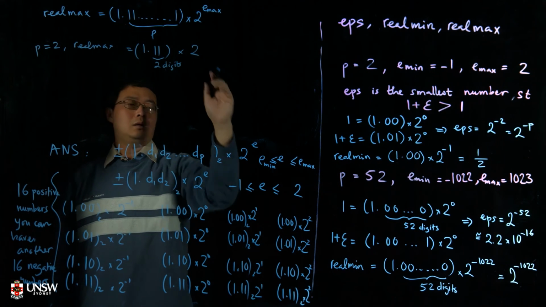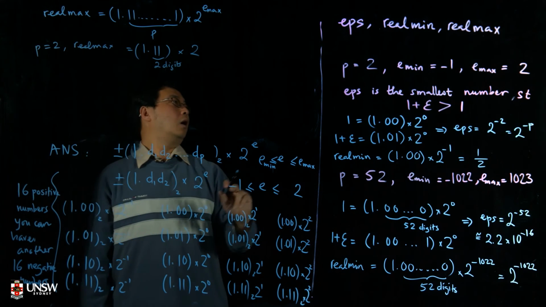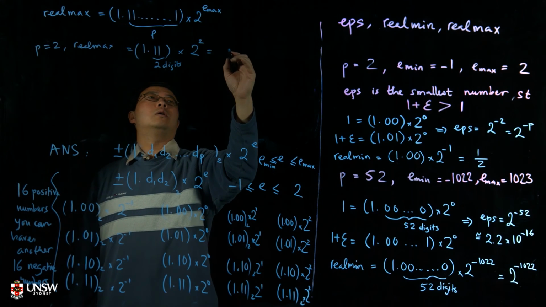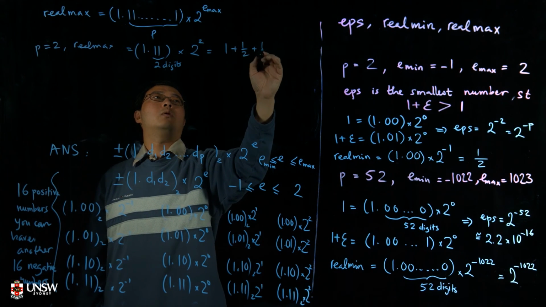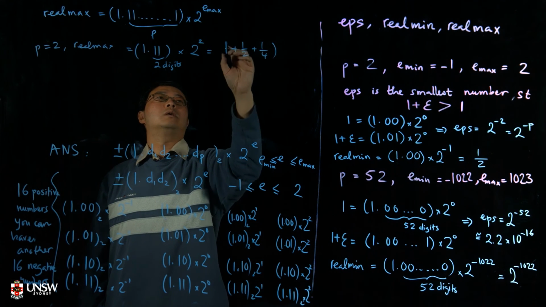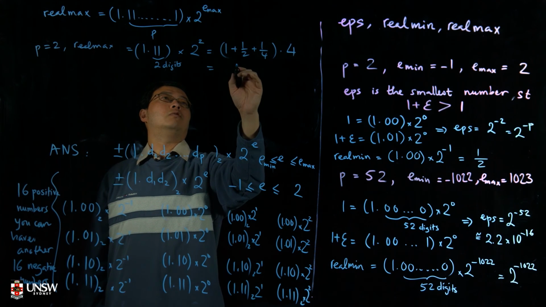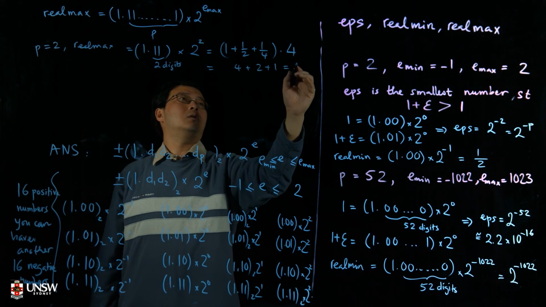And E max, in our case, just equals 2. And so this number is just 1 plus 1/2 plus 1/4 times 4. Yeah. And it just gives you 4 plus 2 plus 1, which equals 7.